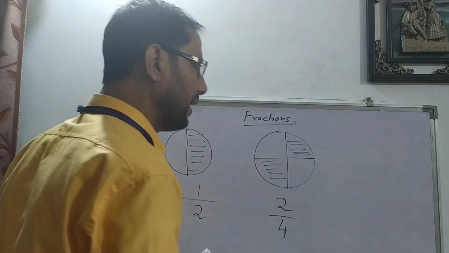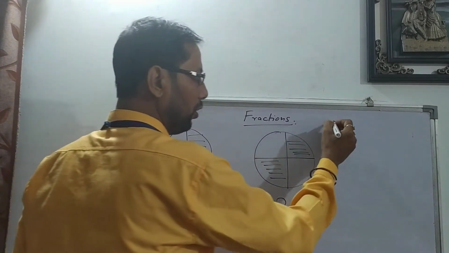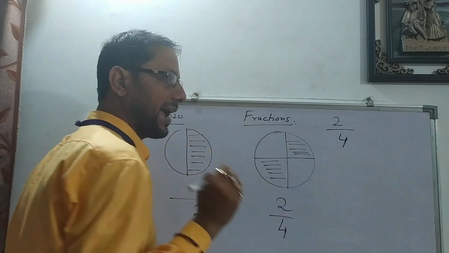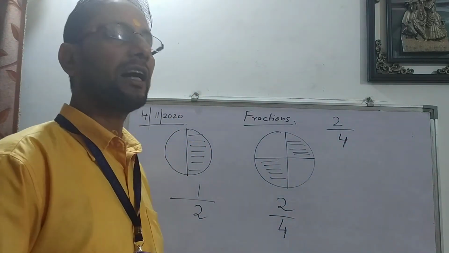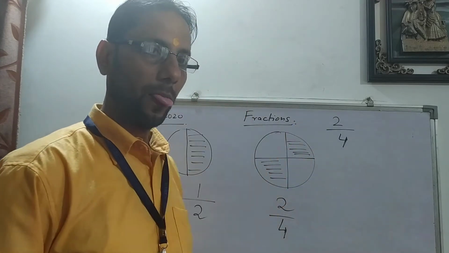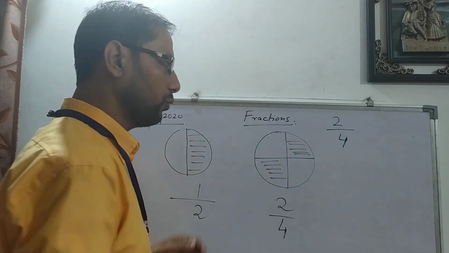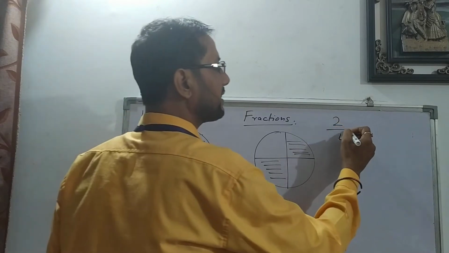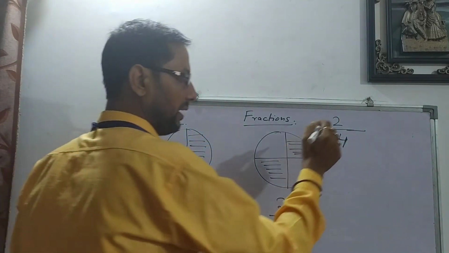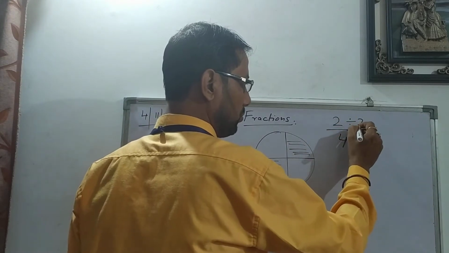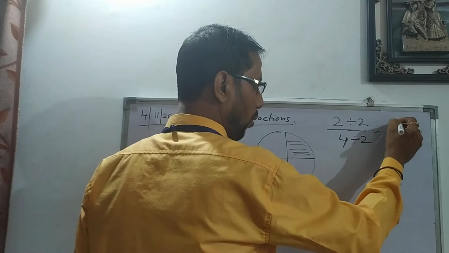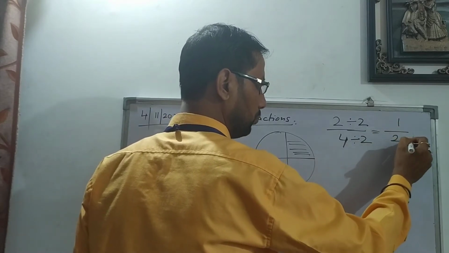But for that, let me recall something. 2 by 4. How can I express this in lowest term? Expressing it in lowest term means the common factor between these two numbers is 1. Since both the numbers are divisible by 2, I can divide this by 2, and this also I will divide by 2. So it is equal to 1 by 2.